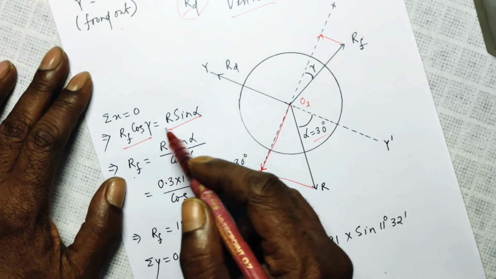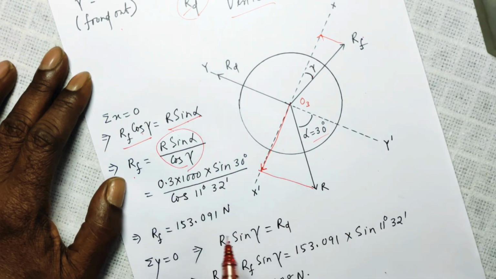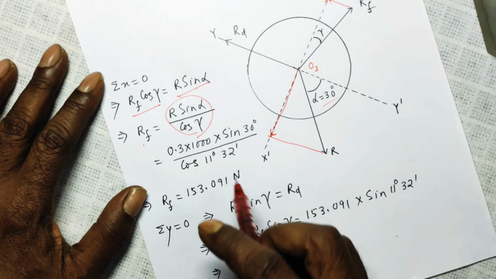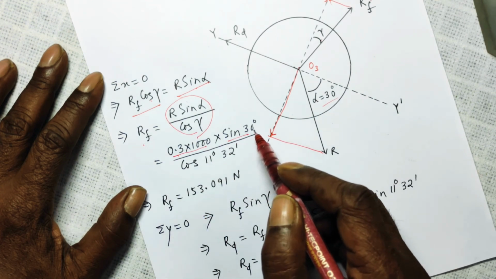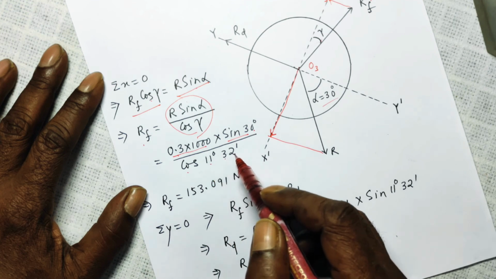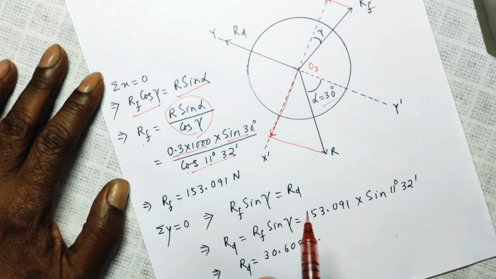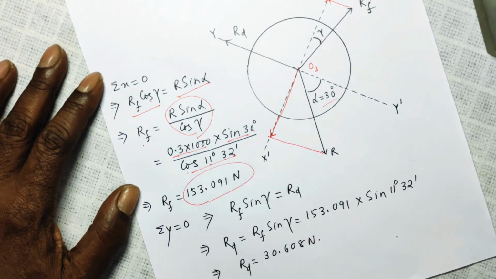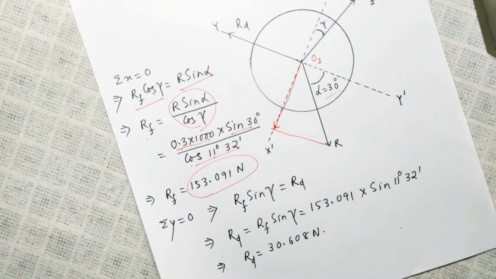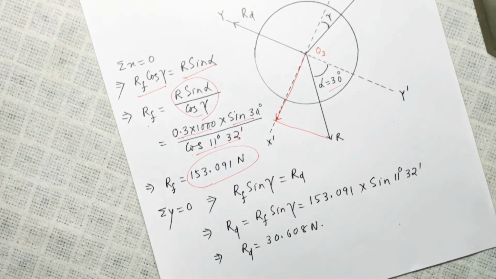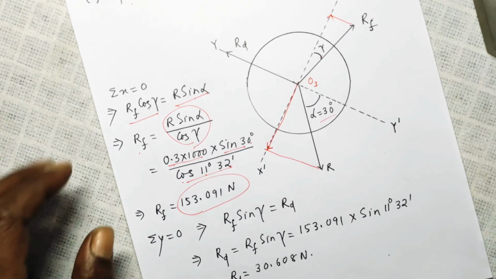So your RF cos gamma goes to the other side. Now just put the values in a scientific calculator. The value of R converted to Newton, sine 30, alpha is 30, cos 11 degree 32 minutes, because that was gamma. So RF comes out to be 153.091 Newton. Then apply sigma y is equal to 0. Now sigma y.